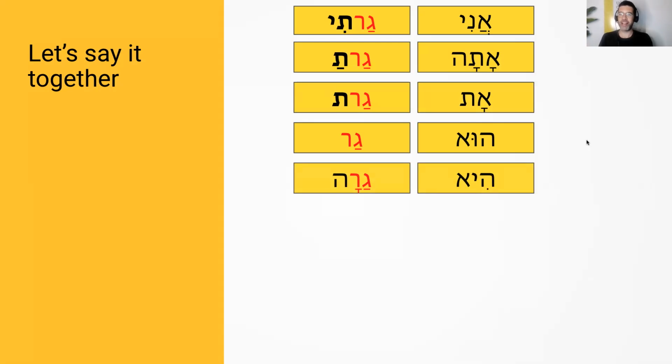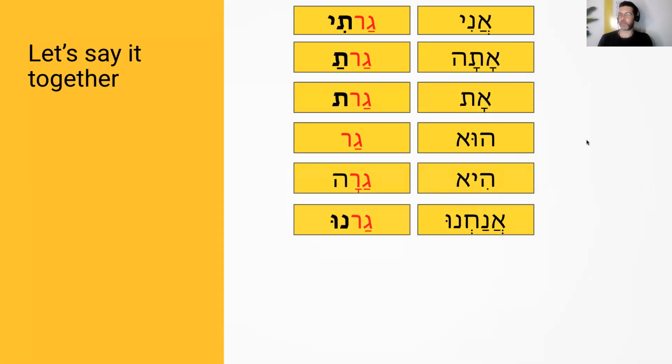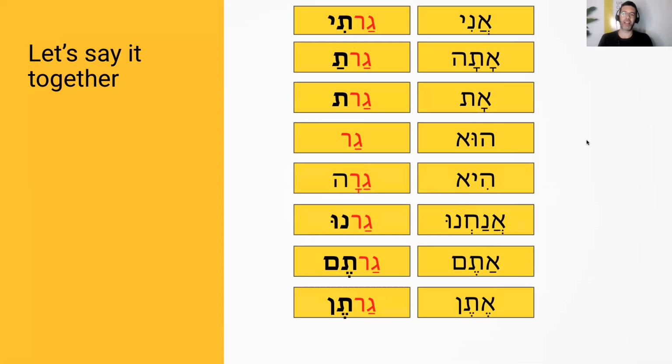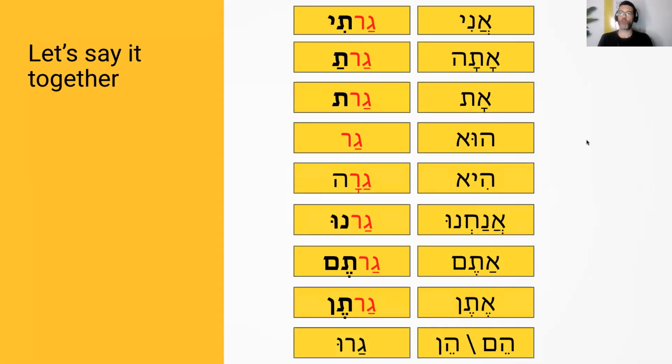Let's say it one more time. היא גרה. אנחנו גרנו. Very similar to חשבנו. The same basic form plus the ending נו. אתם גרתם. אתן, the feminine, גרתן. והם or הן גרו.